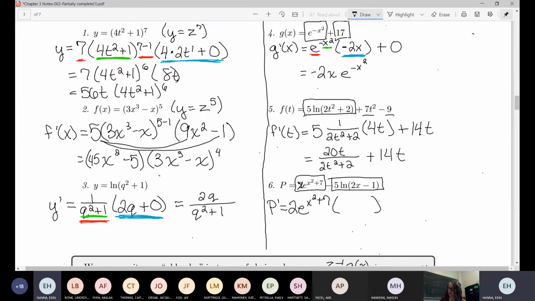I've taken care of the 2 and the e, but I haven't taken care of the derivative of the x squared plus 7, which will give us 2x plus 0. Since it's just plus 0, I won't write it. Now we've taken care of the x squared and the plus 7. There's no more inside functions, so we're done with that piece.